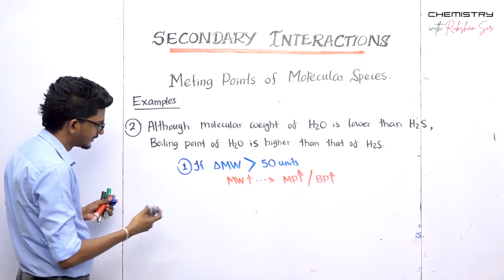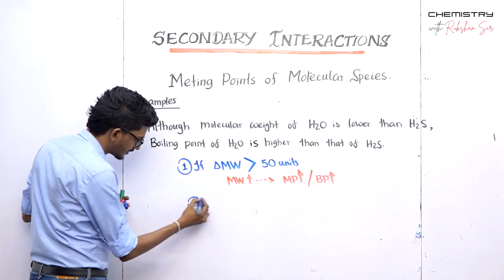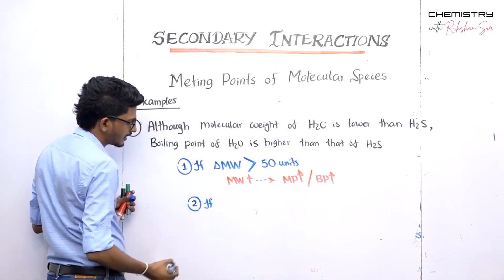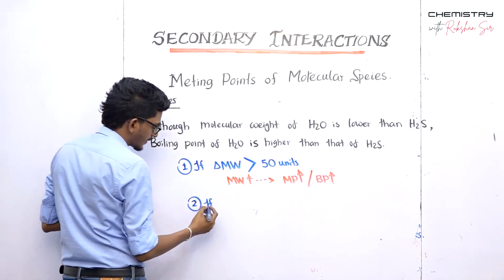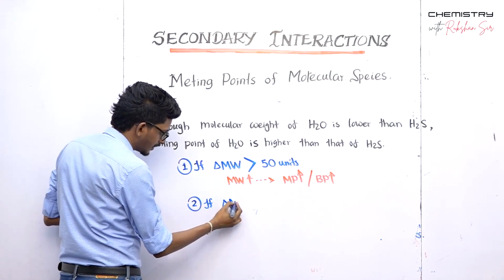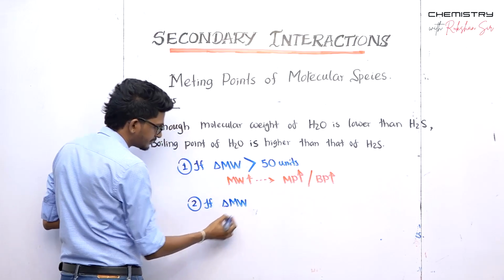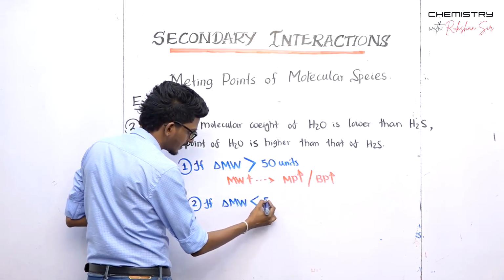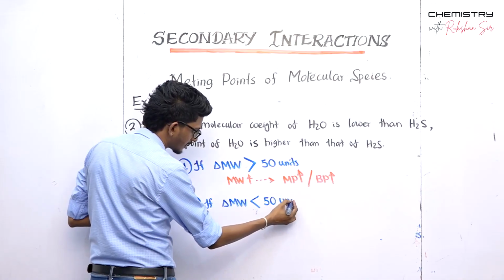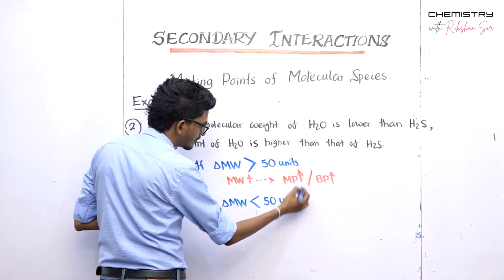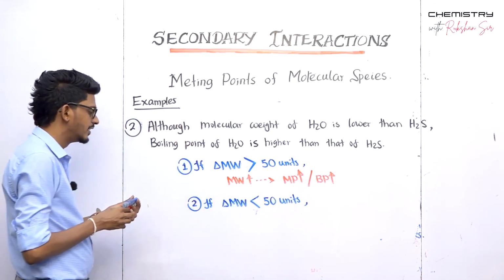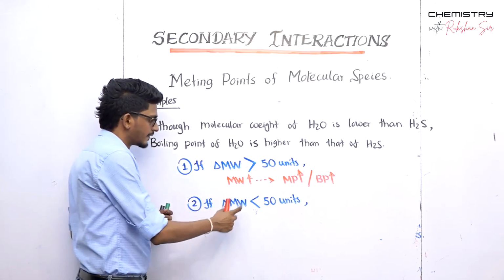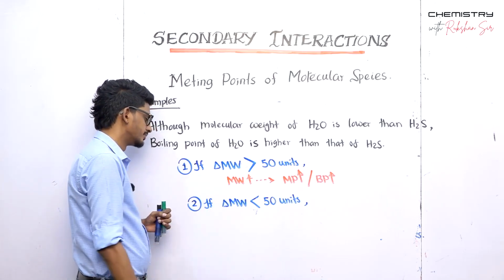But if the molecular weight difference, delta MW, is less than 50 units, then we can consider the molecular weight to be more or less the same.